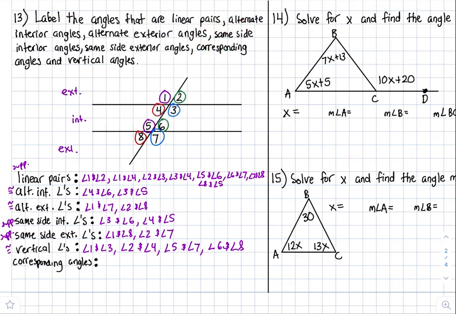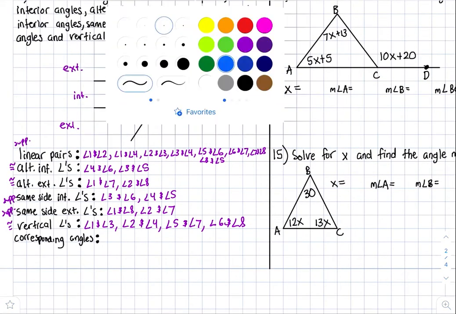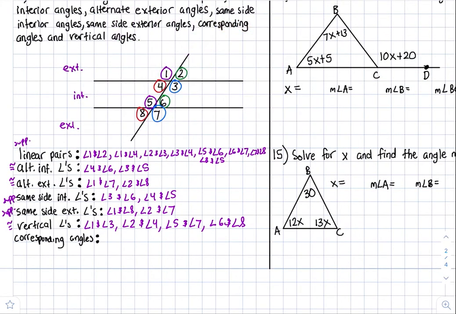So we got angle 1 and angle 5, angle 2 and angle 6, angle 3 and angle 7, and angle 4 and angle 8. And remember, you guys, corresponding angles are congruent.